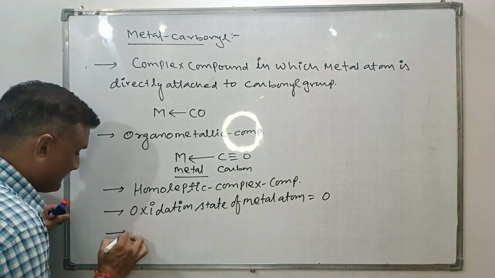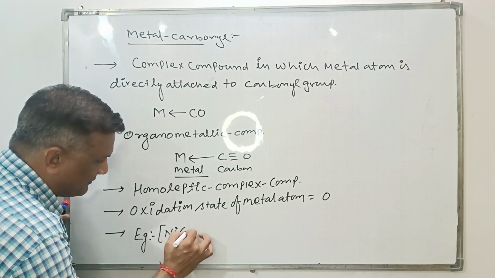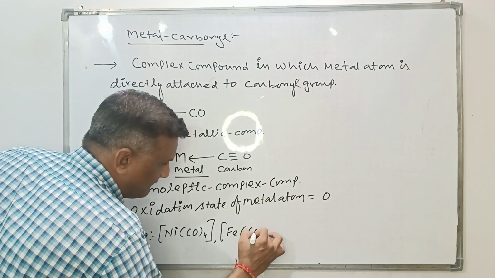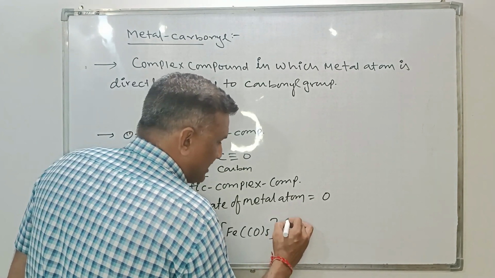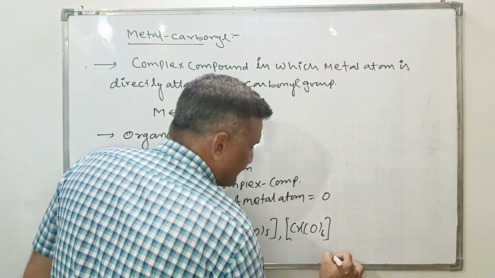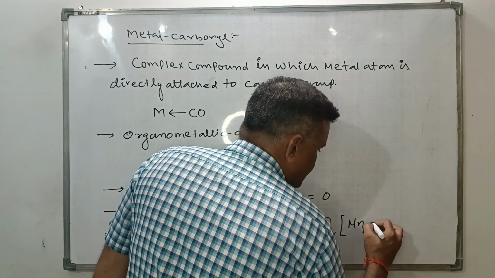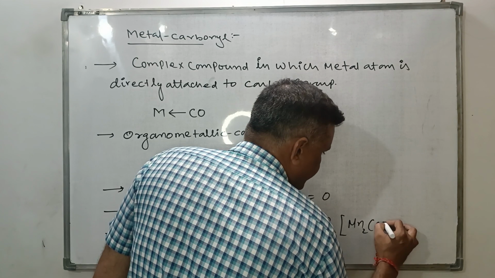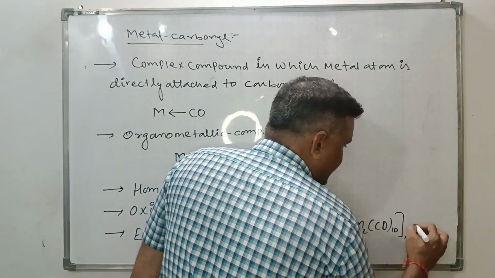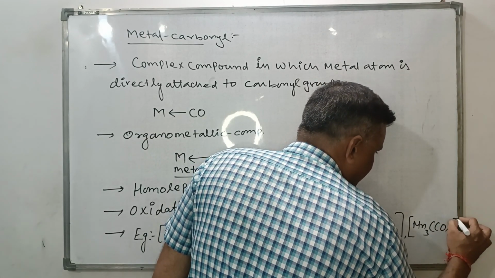As examples we can take Ni(CO)4, Fe(CO)5, Cr(CO)6, Mn2(CO)10, and another we can take Mn3(CO)12 also.